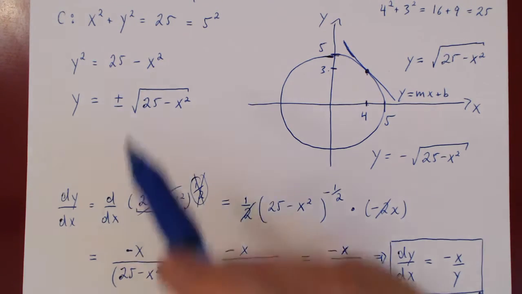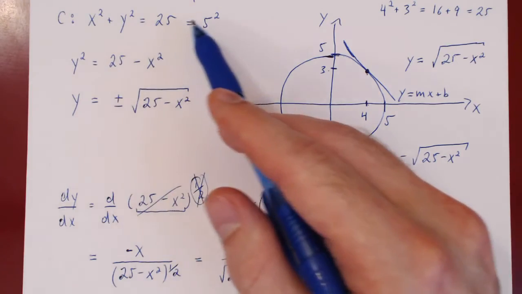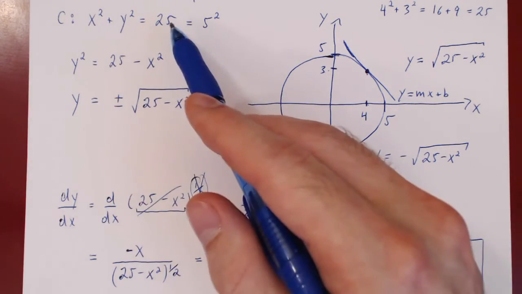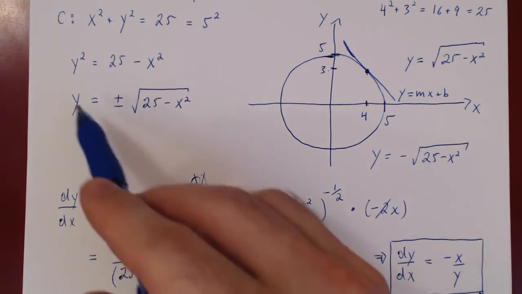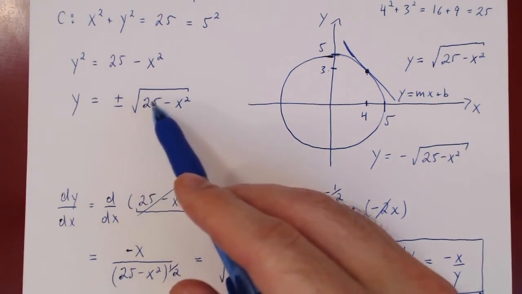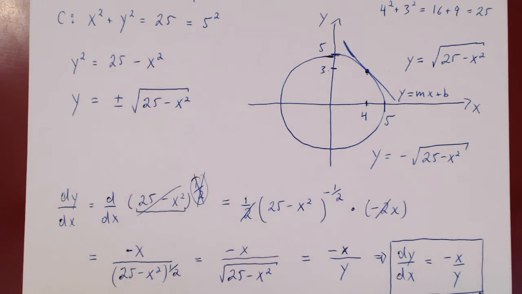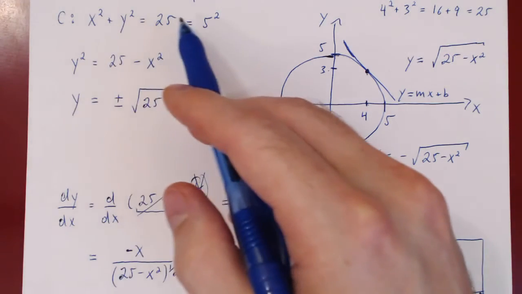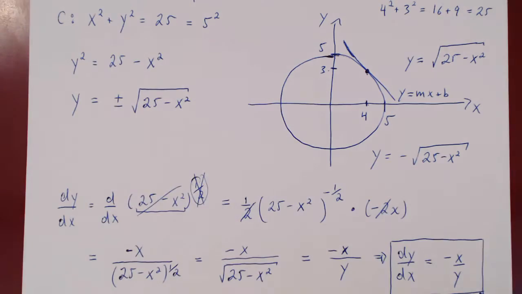But the question is, what if we had a slightly more complicated equation for the curve? What if it was impossible to solve for y explicitly as a function of x? As it turns out, it almost always is the case. If I give you a random equation involving x and y, and I ask, can you solve for y as a function of x? The answer is almost never.